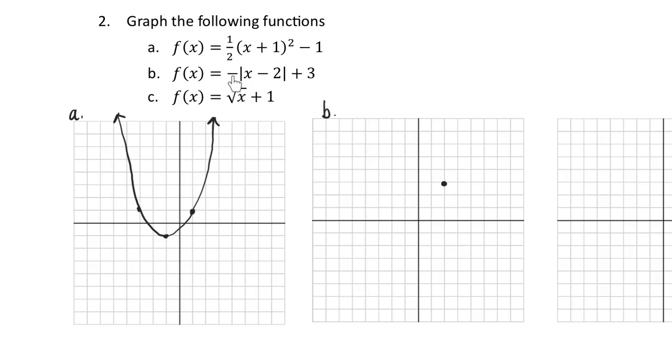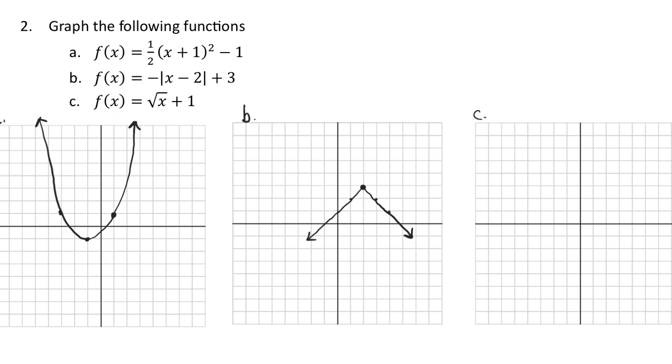And then we have a reflection. This is a vertical reflection. And then the coefficient in front of the absolute value is just 1. So on either side of a vertex, we're just going down 1 and over 1. Like that.